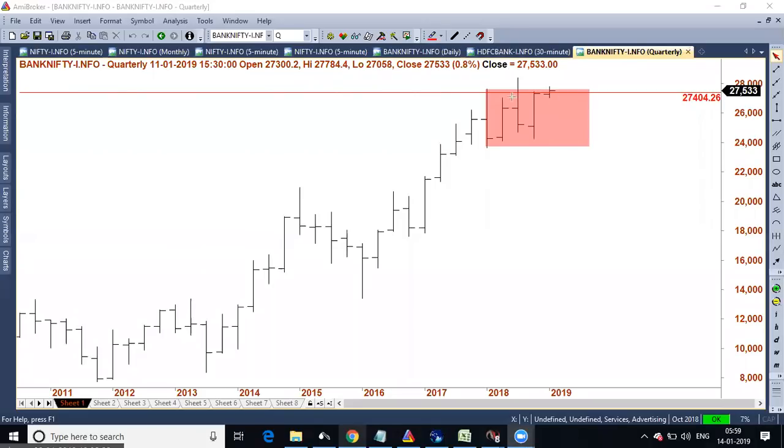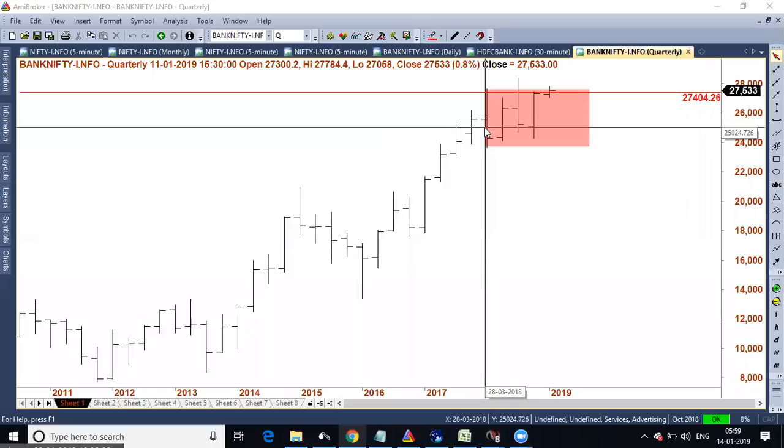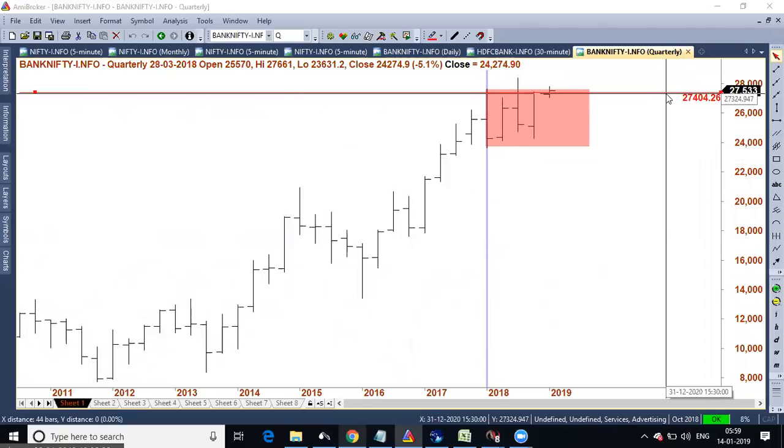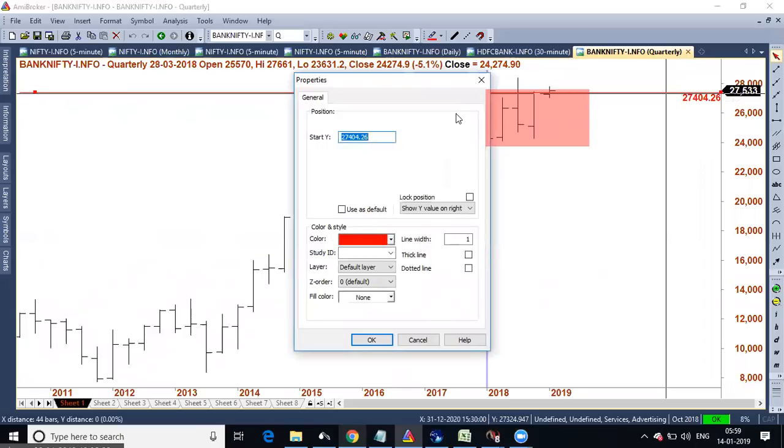And the same quarter reference level comes around 27,407. So let me pull up the high of this quarter. The high of this comes around 27,661. So I should mark this as 27,661.